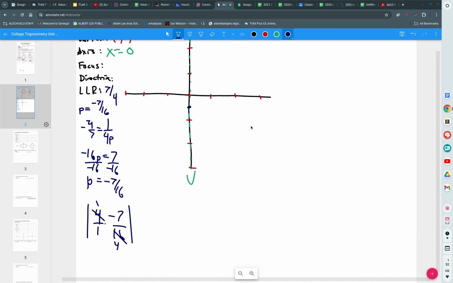What's that location for my focus? 0, negative 7/16. Good. And the directrix will be a line up there in the opposite direction. And that equation is y is equal to 7 over 16.